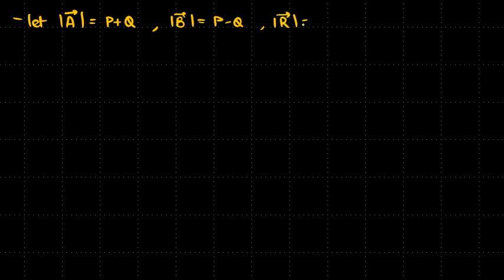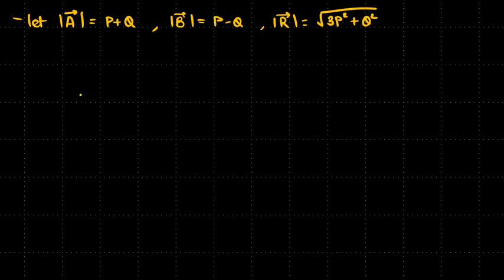So let's just suppose a few things. Let's say the magnitude of vector A is P plus Q, the magnitude of vector B is P minus Q, and the magnitude of the resultant is square root of 3P squared plus Q squared.